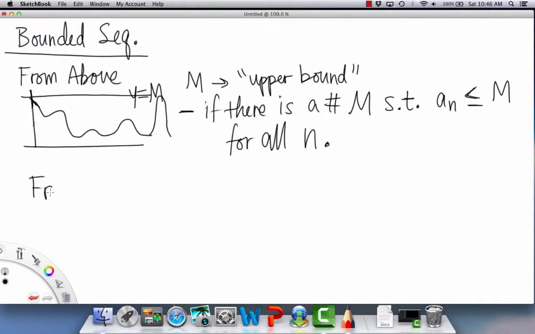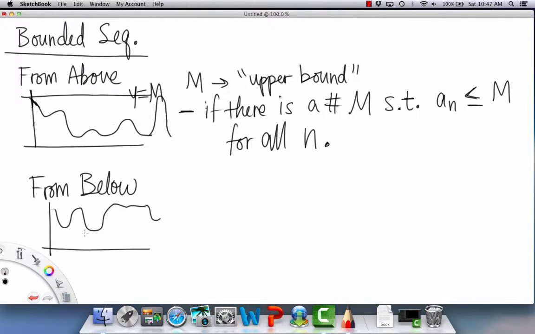And then there's the second case, which is from below. Let's say we have some sequence going along, and the values look like that. I don't know why they look like that, but let's just say they do. And they never go below a certain line. This is y equals little m, which is going to be called the lower bound.